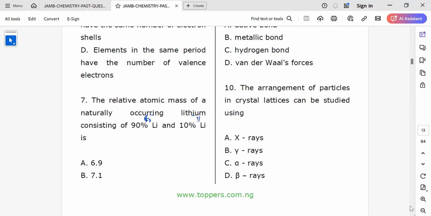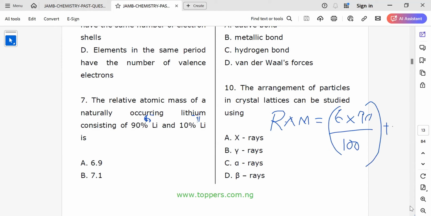So how are we going to calculate the relative atomic mass? It's simple. To calculate the relative atomic mass of lithium, this one is 6, so we say 6 times 90 divided by 100, then plus 7 times 10 divided by 100.